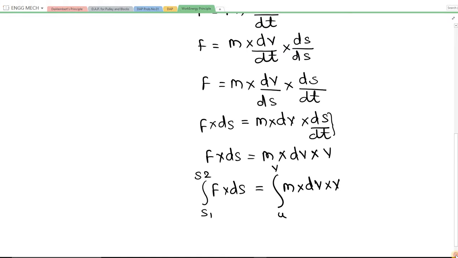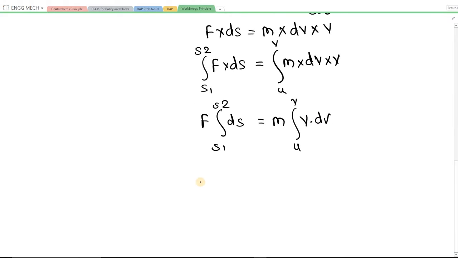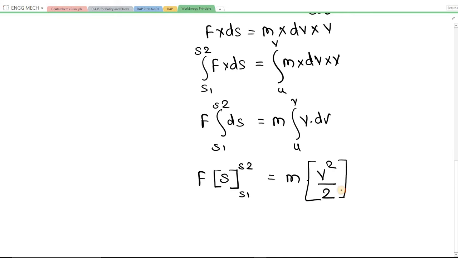Let's rewrite this statement so that the integration makes perfect sense. F integration of s1 to s2 ds is equal to m integration from u to v of v dv. Now if we integrate it, we will get f into bracket s with limits s1 to s2, and on the right v square by 2 with limits u to v.